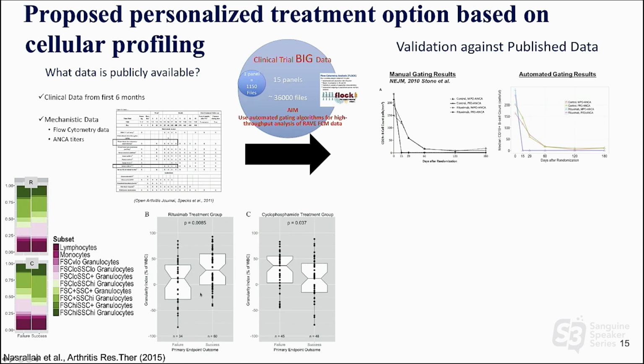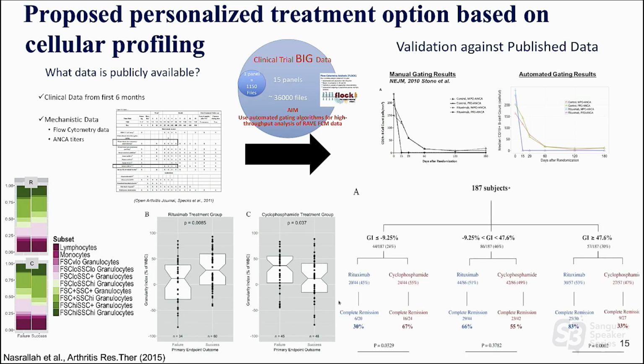That's what we show in the violin plots, where those who achieved remission in the rituximab treatment group had a higher granularity index compared to the cyclophosphamide group, where they had a lower granularity index. So kind of hyper and hypo. For the sake of simplicity, we just termed it the granularity index.